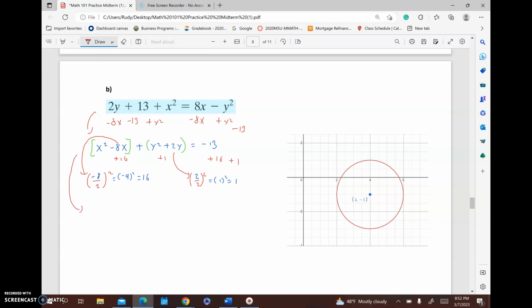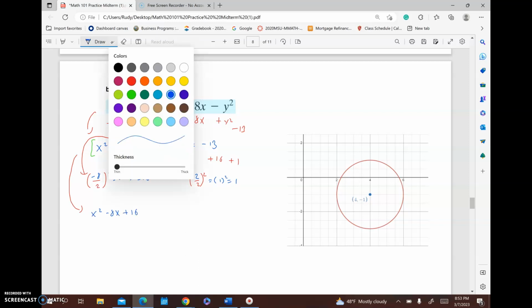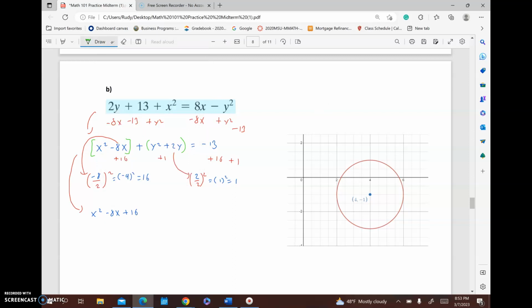Now, let me rewrite the equation because there are multiple steps occurring. For the x's, we're looking at x squared minus 8x plus 16, and I'm going to separate those with a bracket. Then we have plus y squared plus 2y plus 1.